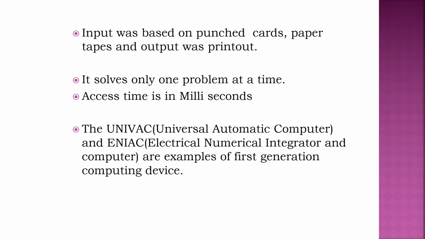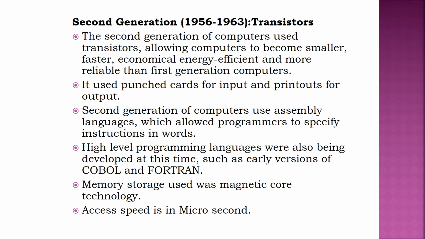Let us see the second generation. The second generation started in the year 1956 and ran to 1963. The second generation of computers used transistors, allowing computers to become smaller, faster, economically efficient, and more reliable than the first generation computers.